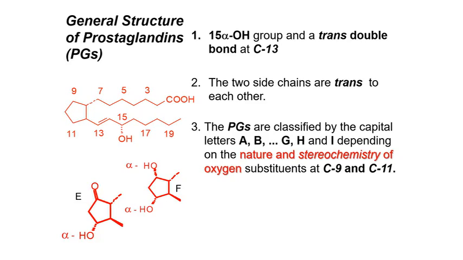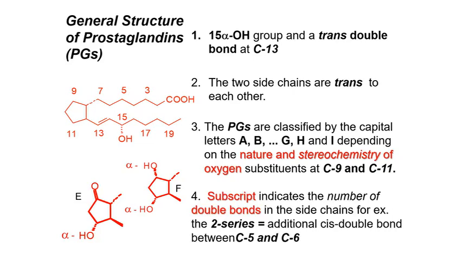So if you find one oxo function, double bond O, as you see here on position number 9, and an alpha OH at position number 11, this is type E. If two OHs directed backward as alpha substituents at 9 and 11, this is type F.